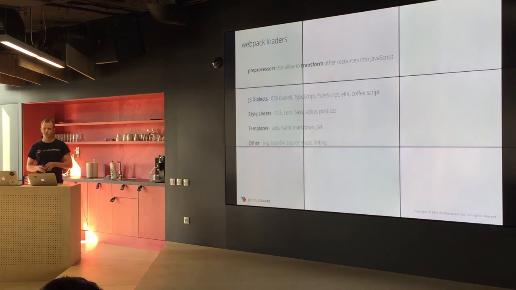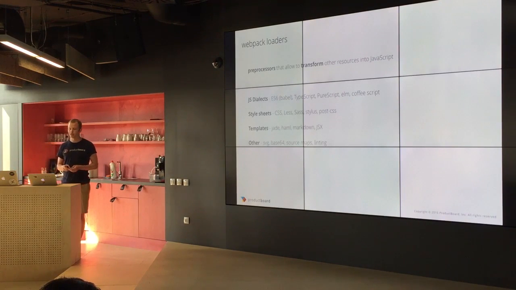Webpack loaders are kind of preprocessors for your files that compile different types of files into JavaScript. So you can use it, for example, to get your CoffeeScript or ES6 files into JavaScript that works in all browsers. But you can use it, as I already mentioned, for CSS and images as well.